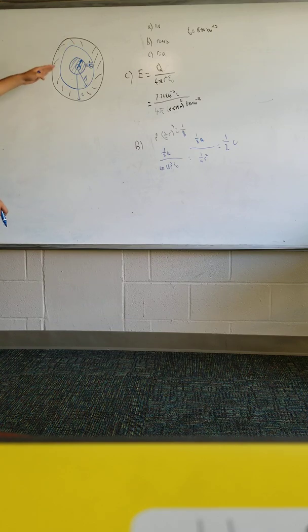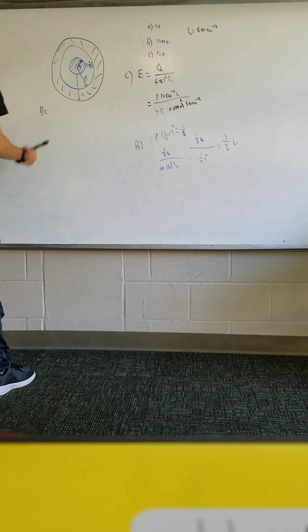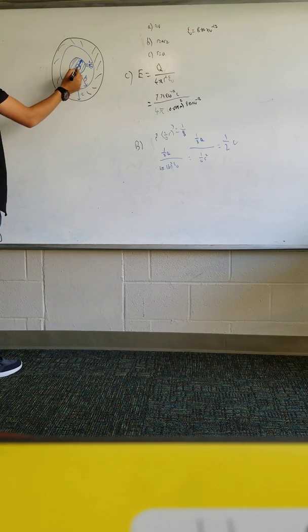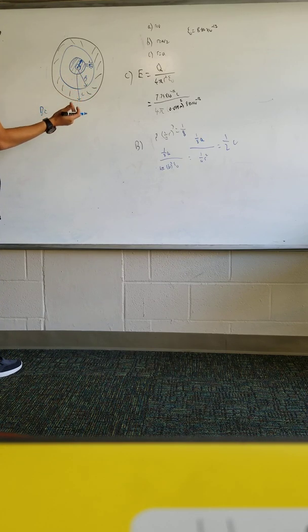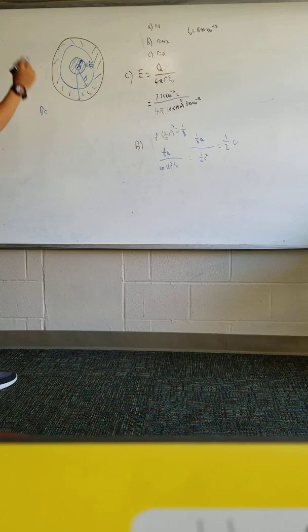So how I dealt with this is I thought of it kind of like gravity. We have a point charge, because you can do that just like in gravity. You could pretend all the mass is exactly at the center. And we're going to do the exact same thing. We're going to pretend all the charge is exactly at the center.